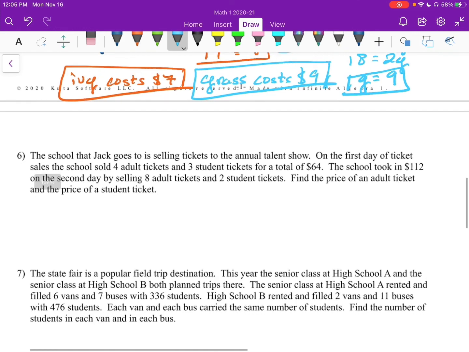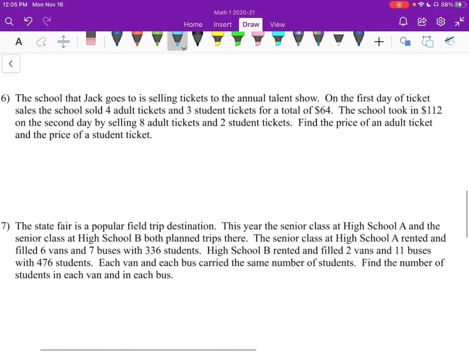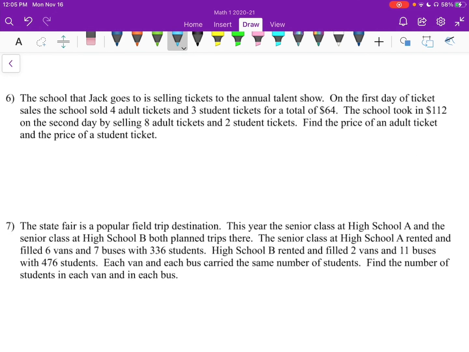Number 6. The school that Jack goes to is selling tickets to the annual talent show. On the first day of ticket sales, the school sold 4 adult, we'll say 4A, and 3 student tickets for $64. The school took in $112 on the second day by selling 8 adult tickets and 2 student tickets.